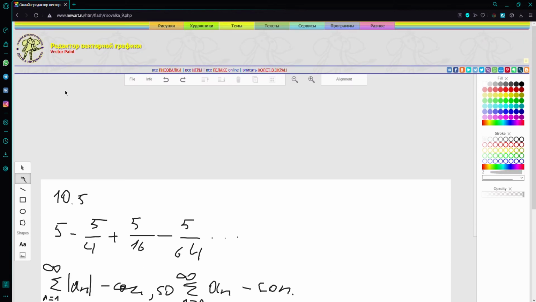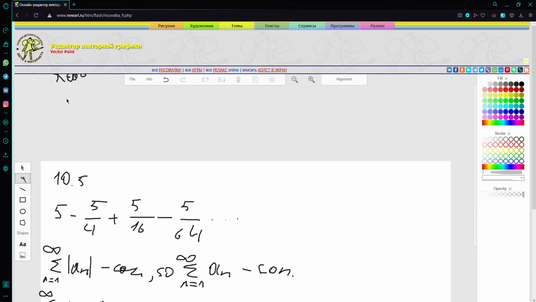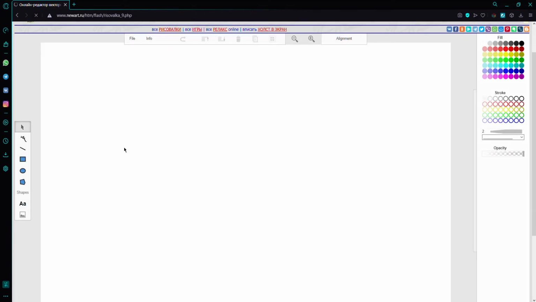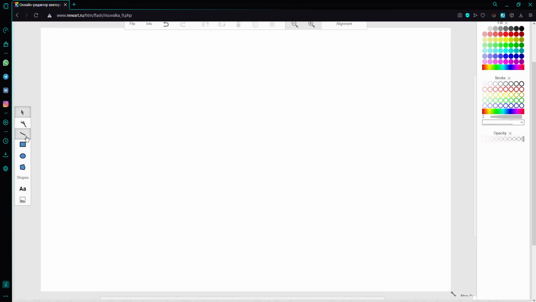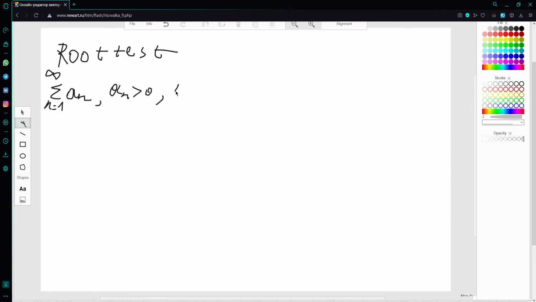Now let's talk about the root test. Here we take the series a_n, for a_n more than 0 for each n more than some n_0.